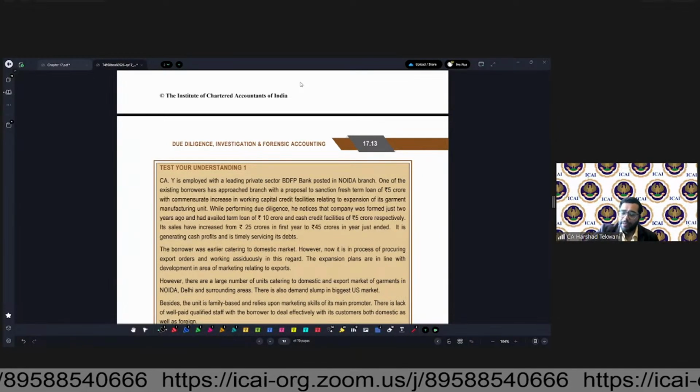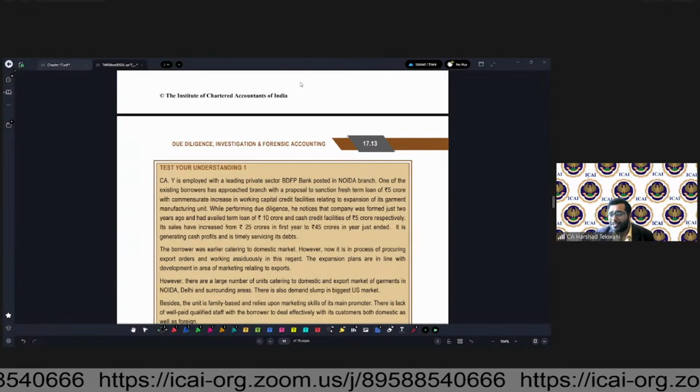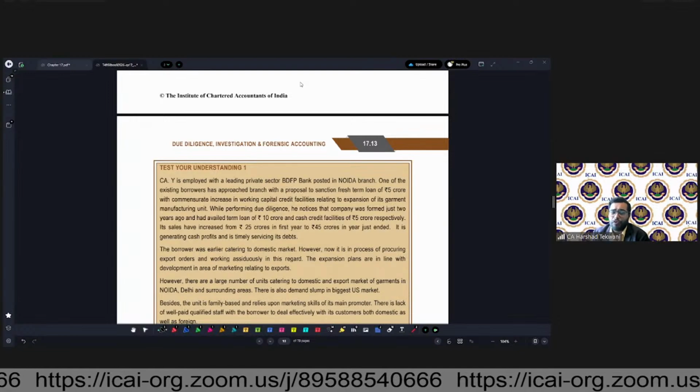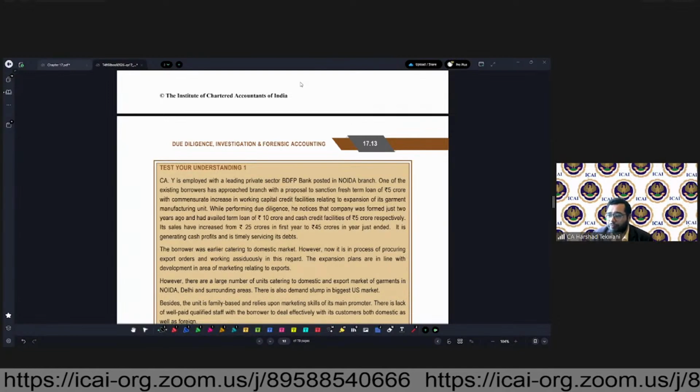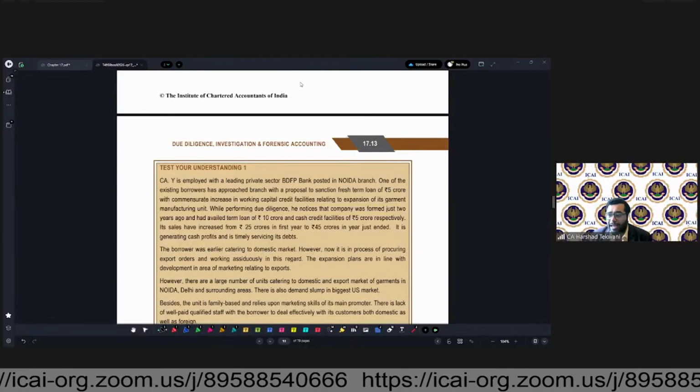See, the areas that are required to be covered are a different thing. The step by step process is a different thing. So, can anyone tell me the step by step process that you will follow in the due diligence? Anyone?